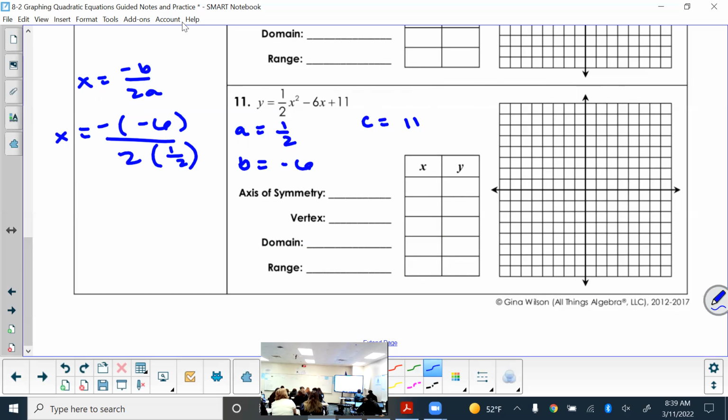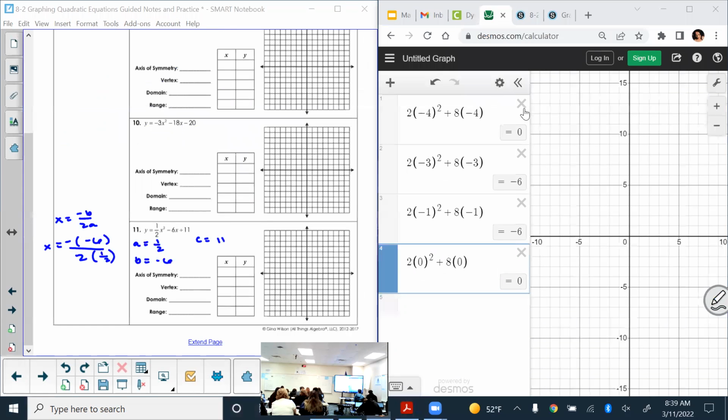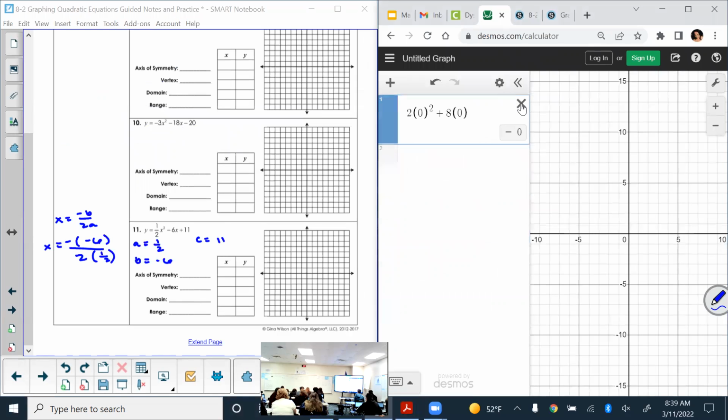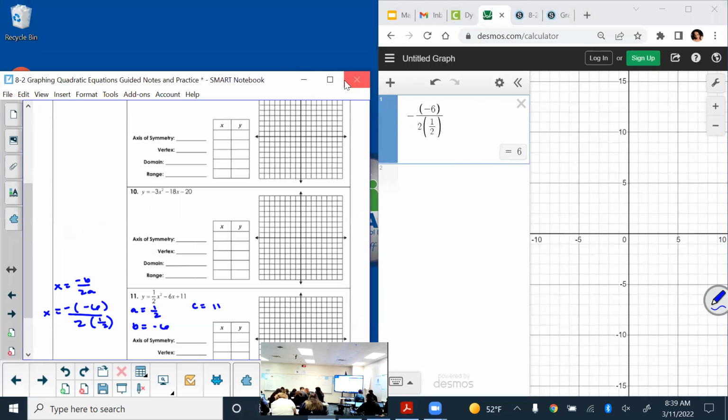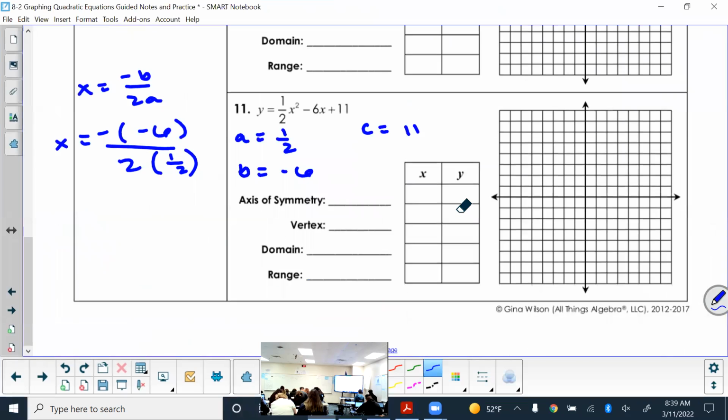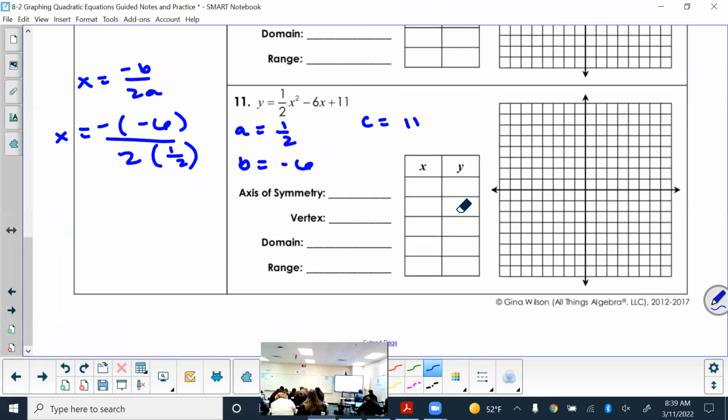So you can enter this into Desmos. Just type it in with the parentheses and everything exactly how it looks on your paper. So negative 6 over 2 times 1/2. And you get that x equals 6. So easy. So your axis of symmetry would be x equals positive 6.